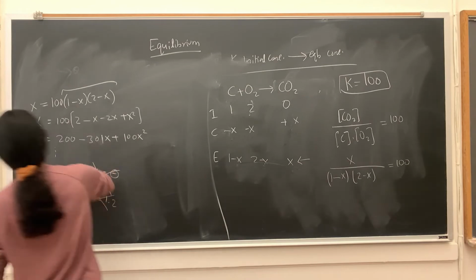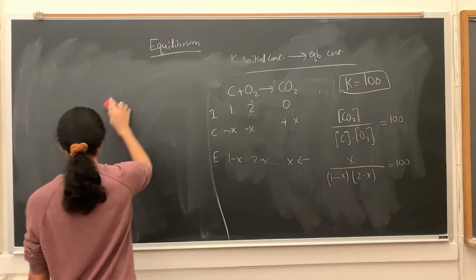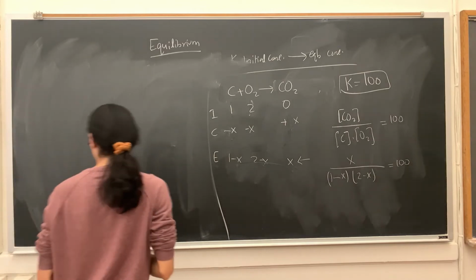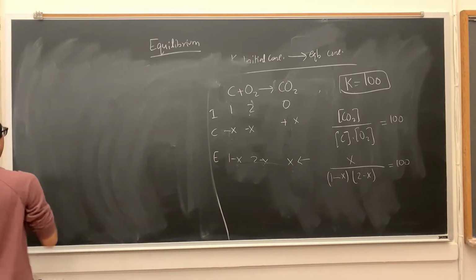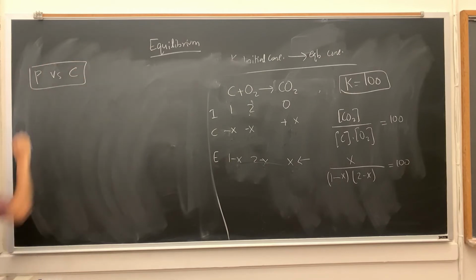One quick note before we proceed: remember QP versus QC, depending on what you're using to measure the abundance of the species, and KP versus KC, they're both related to each other very simply as follows.